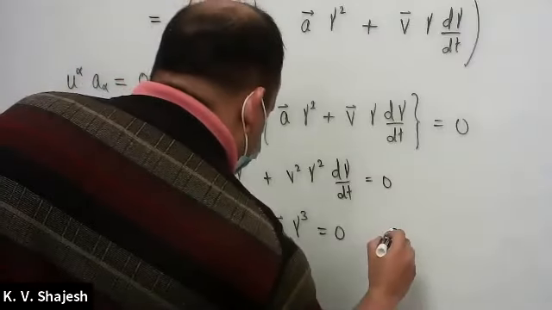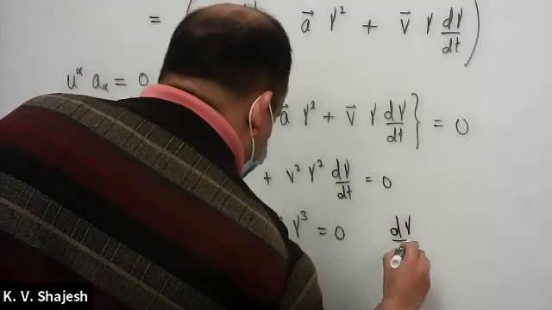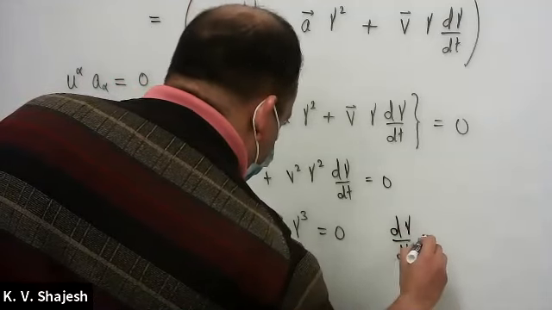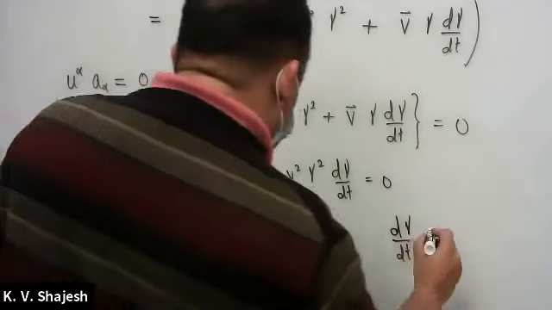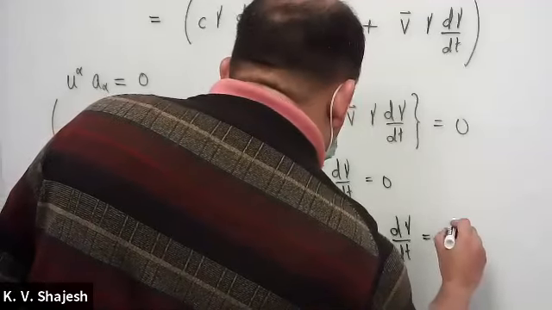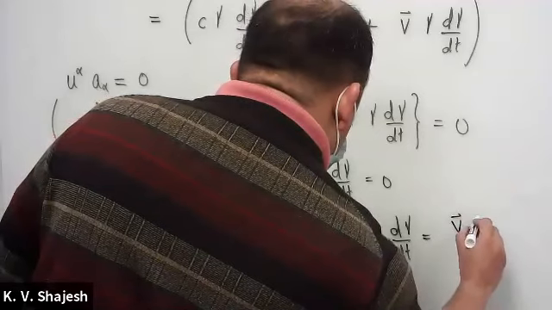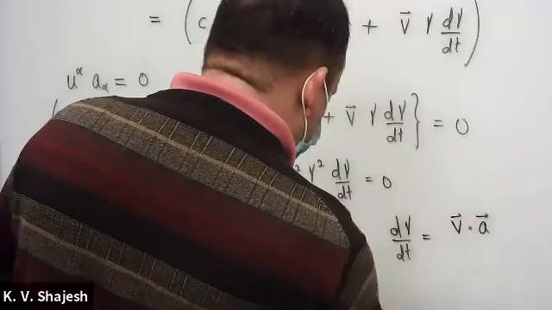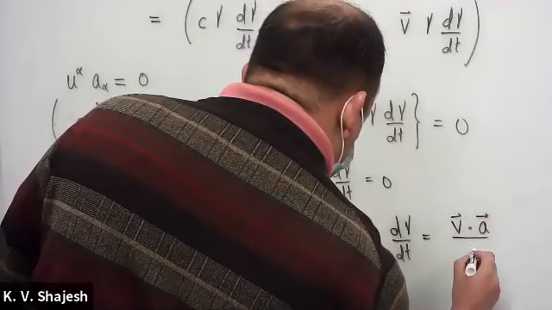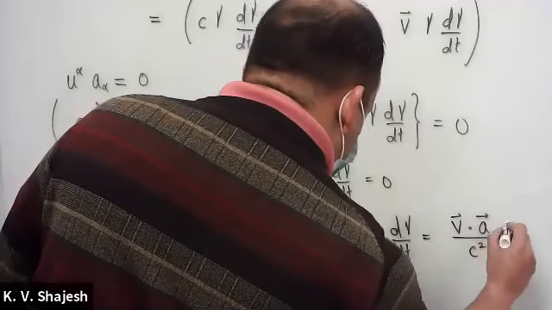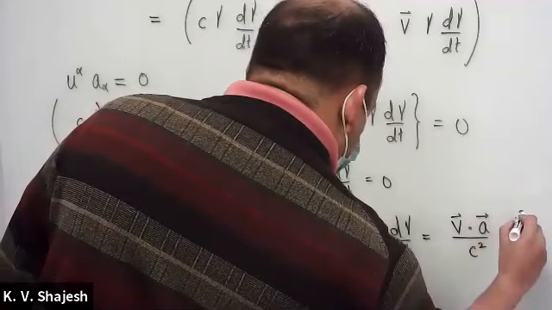So I learned that the derivative with respect to time of gamma is equal to v dotted with a. This has the dimensions of time. So it's v dotted with a divided by c squared times gamma cube.